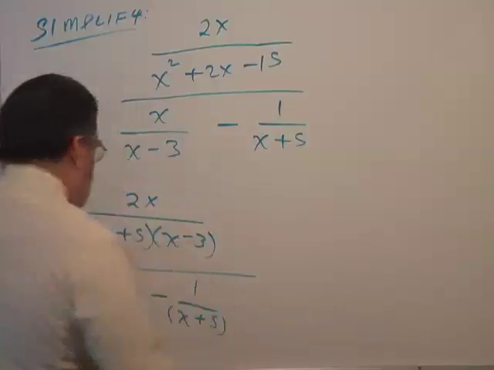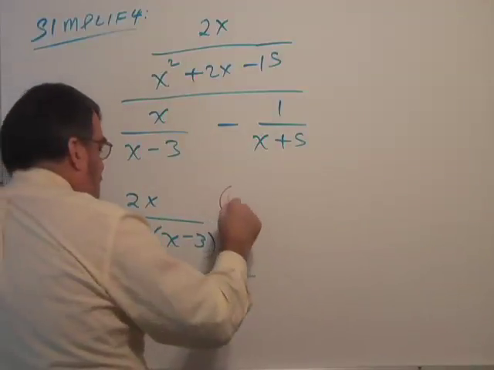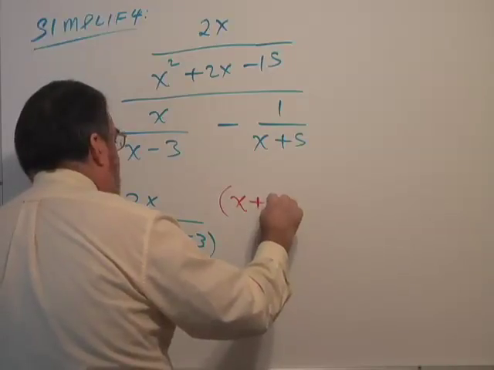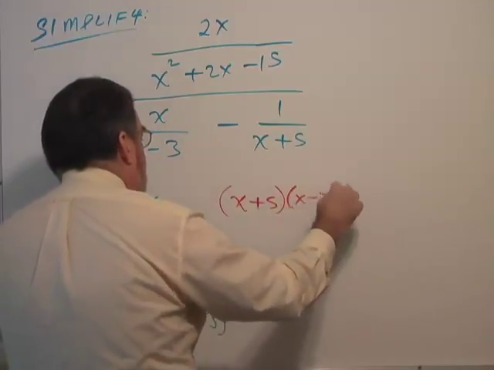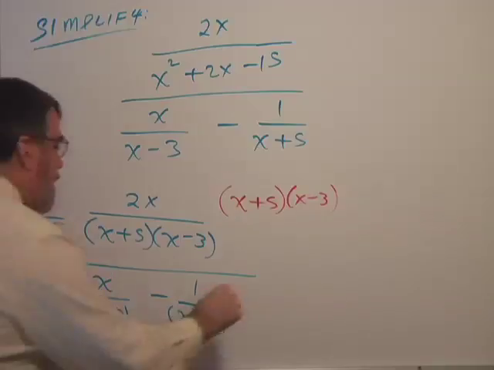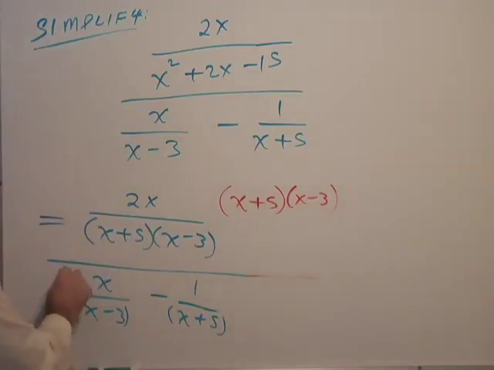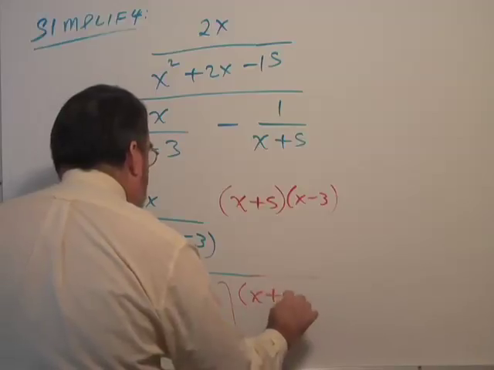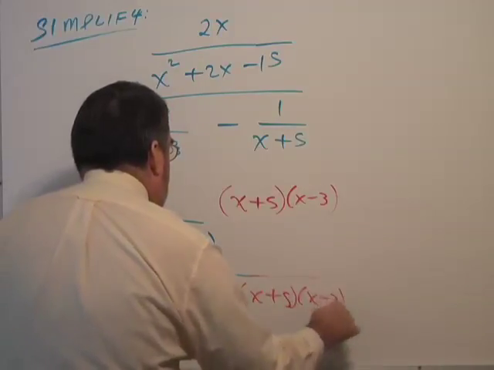So we're going to multiply the numerator of the numerator by x plus 5, x minus 3, and then the numerator of the denominator by x plus 5, x minus 3.